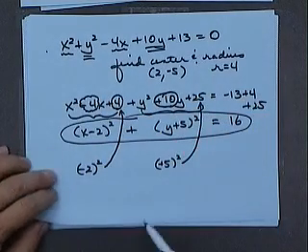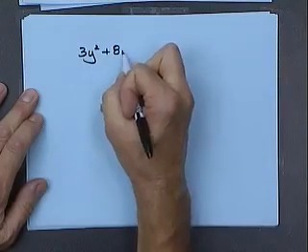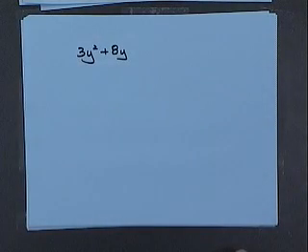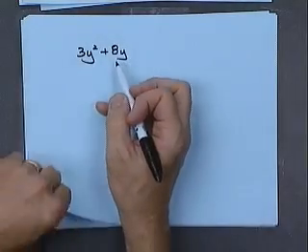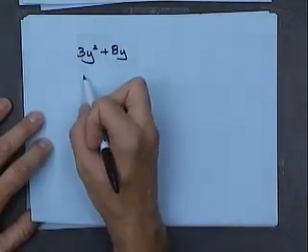How would you do one if the coefficient of the leading term wasn't 1? Good question. Let's say we had 3y squared plus 8y, and we want to complete the square. This is not going to be pretty.